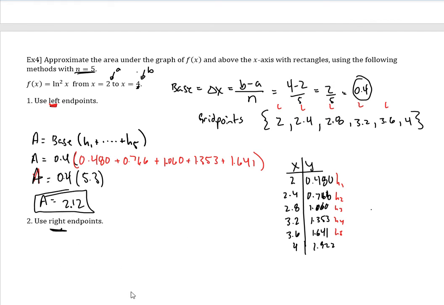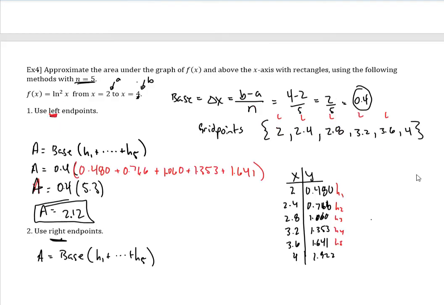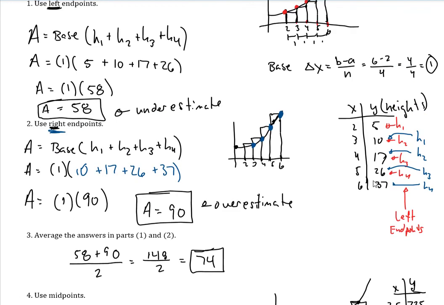So again, it represents some total when it involves applications. For now, though, it's just finding this area, just like a regular geometry problem. All right, so it's using a lot of rectangles. Now our right endpoints. Again, it's the area equals the base times our 5 heights. This time around, so I'll mark them in blue, using our grid points, we start at the rightmost one, and then go until we have the number of rectangles that were needed.